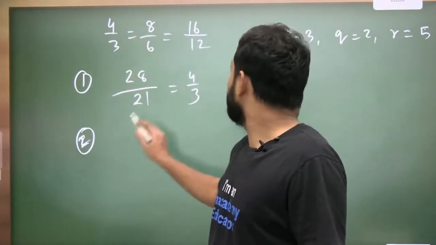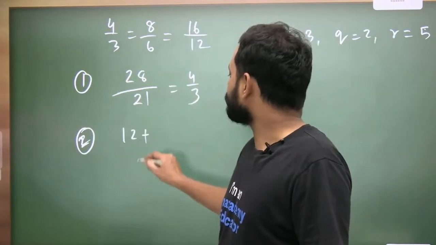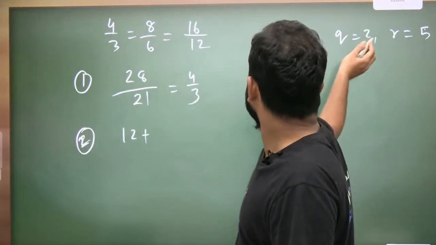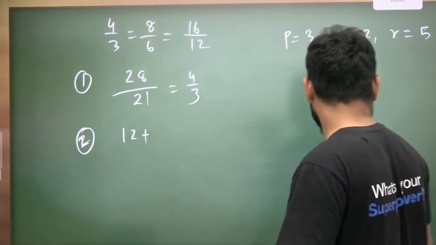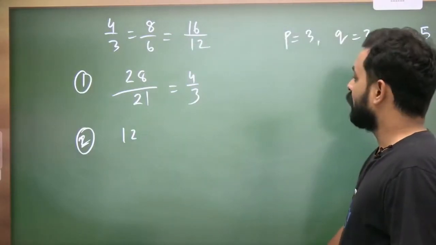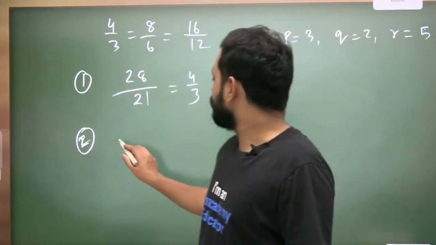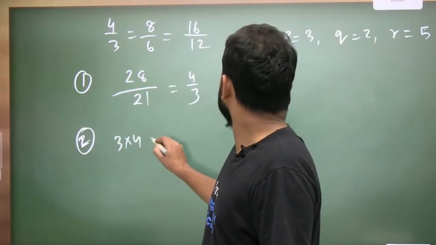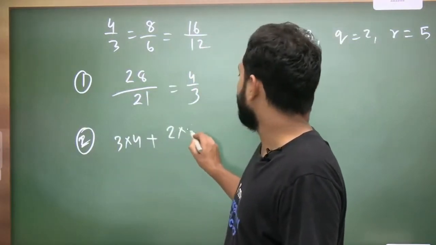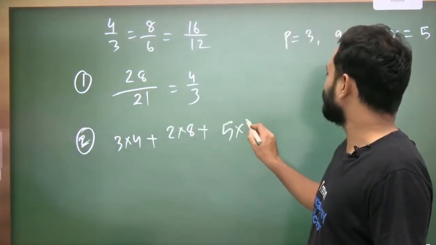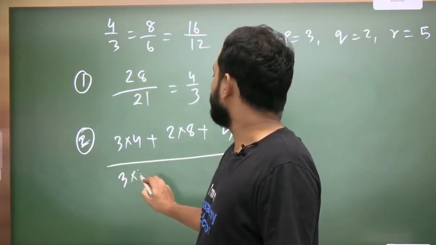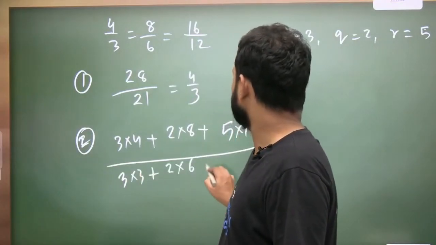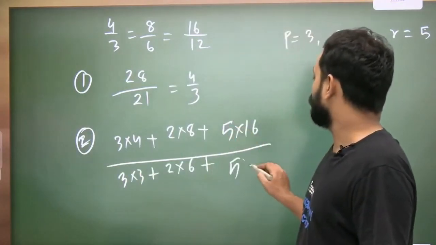Let me write it down like this: 3 into 4 plus 2 into 8 plus 5 into 16 divided by 3 into 3 plus 2 into 6 plus 5 into 12.